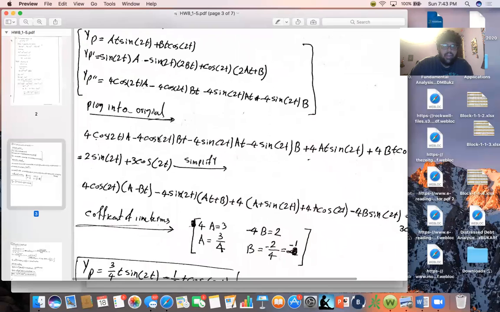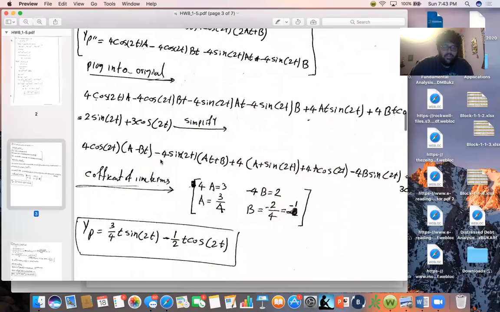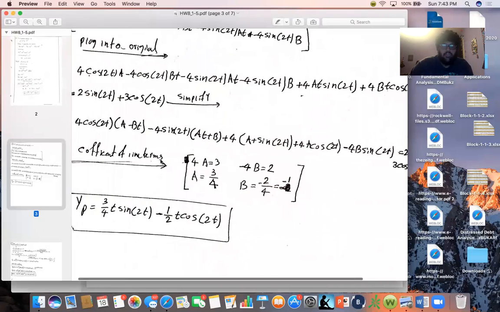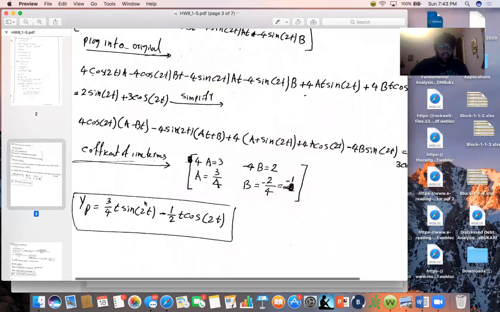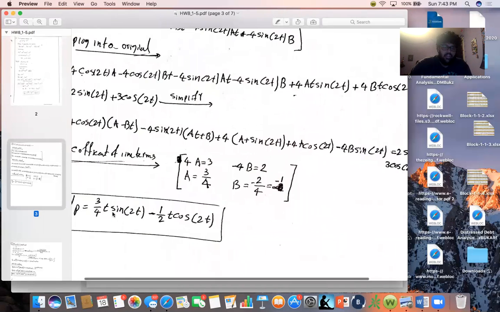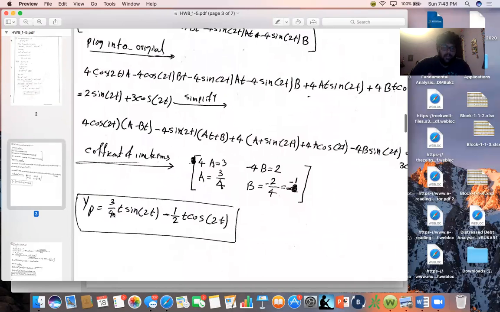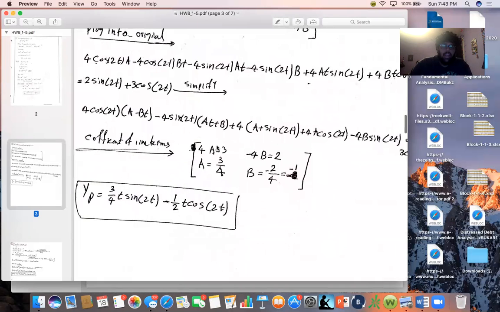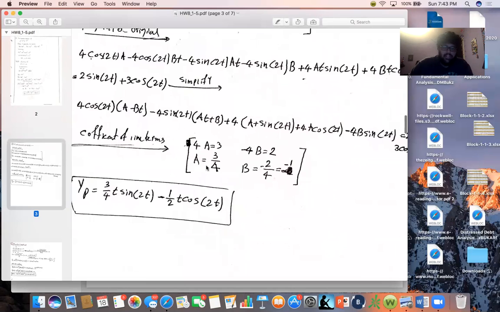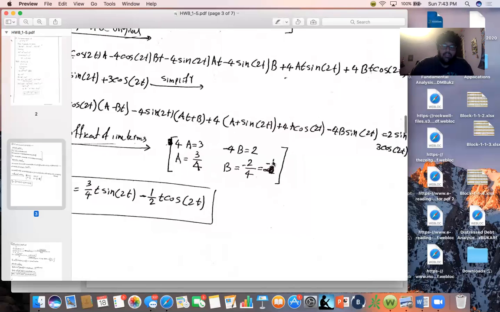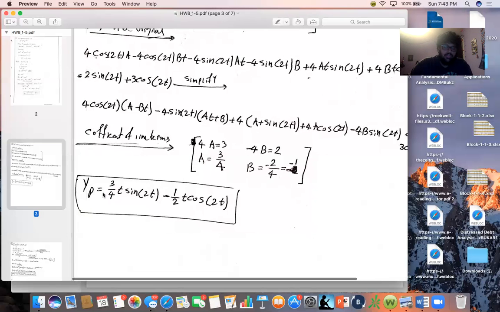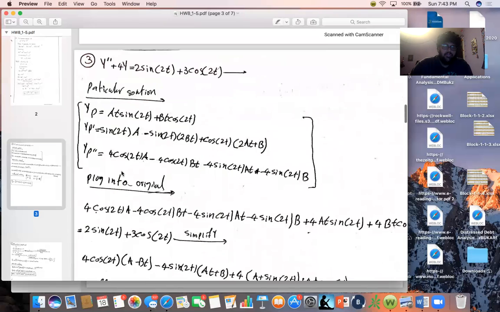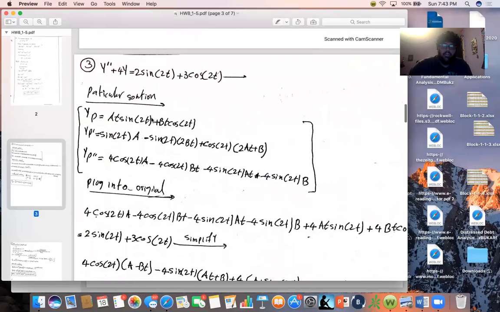Then you plug that into the original, and when you simplify it, you need to match coefficients of like terms in order to get the coefficients for the particular. So 4A = 3, which means A = 3/4, and -4B = 2, so B = -2/4 = -1/2. And that's how you would plug that into your particular for this number 3 equation.